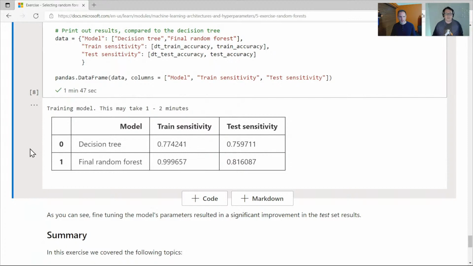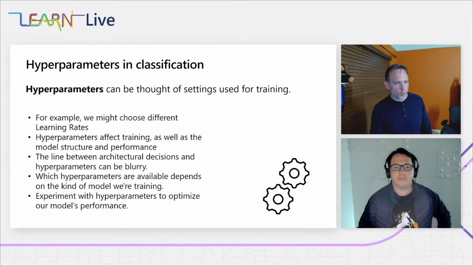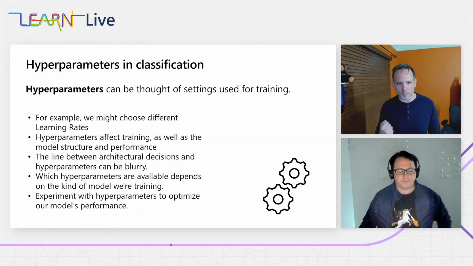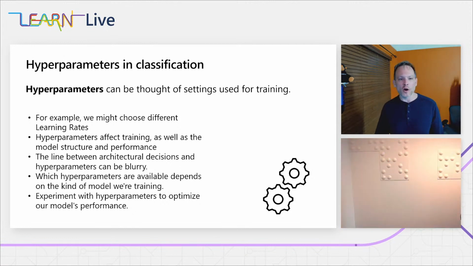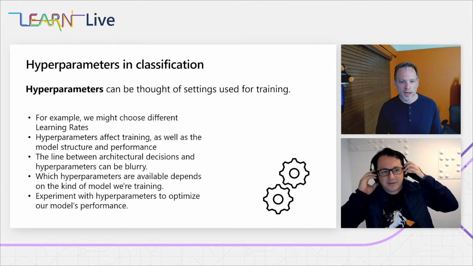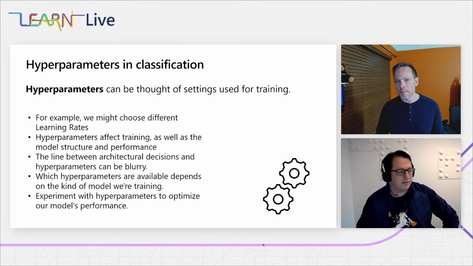We'll still be looking at random forest for the rest of the section. But we're going to talk now about hyperparameters. Even as we went to this last exercise, I mentioned that we were going to be discussing settings for optimizing our training and optimizing our models, and the tweaks we could make in addition to selecting a model architecture.